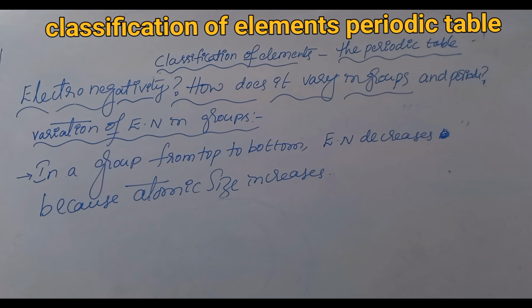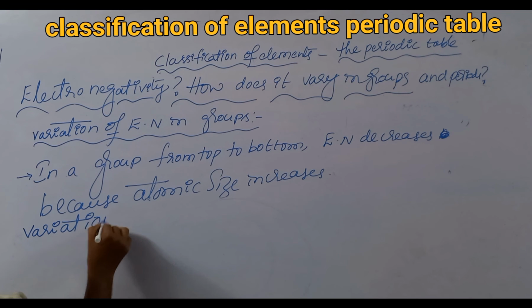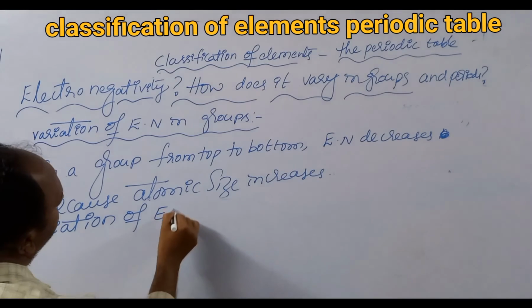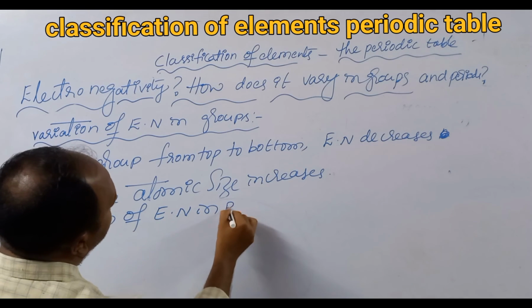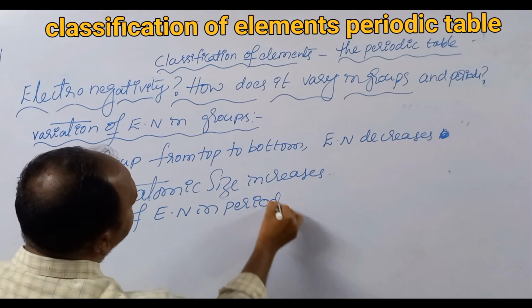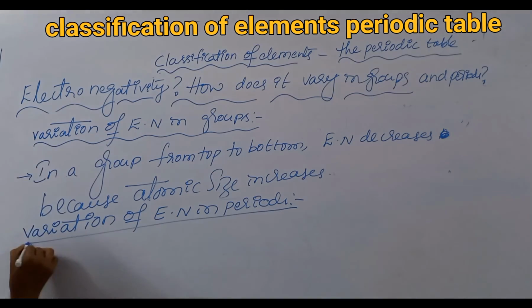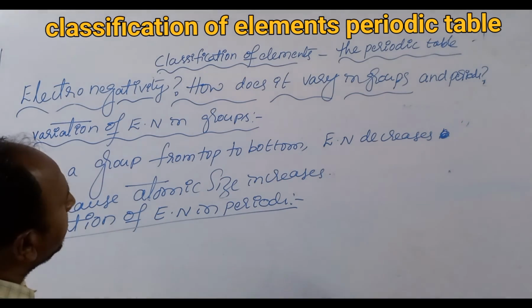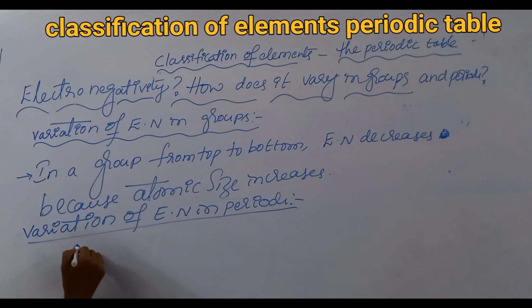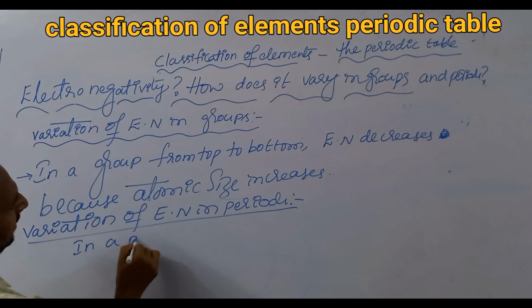Now, the variation of electronegativity in periods. In a period atomic size decreases.